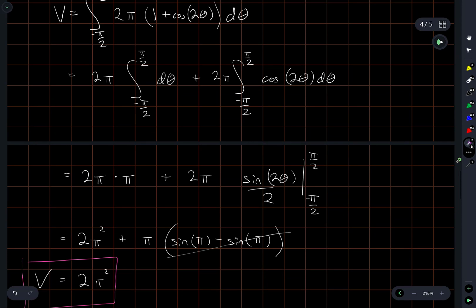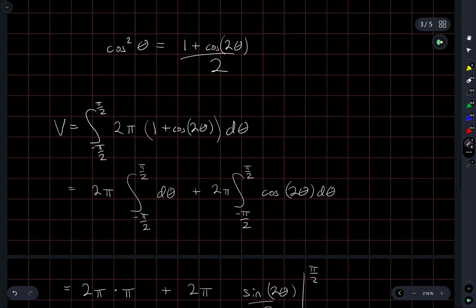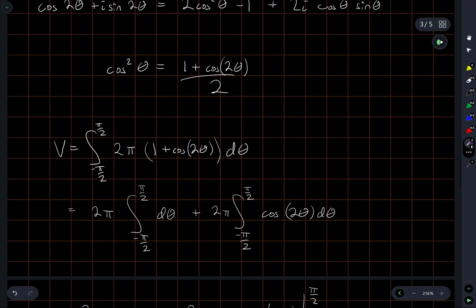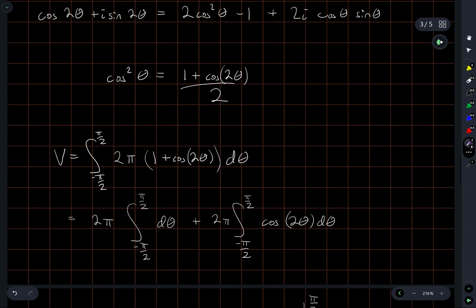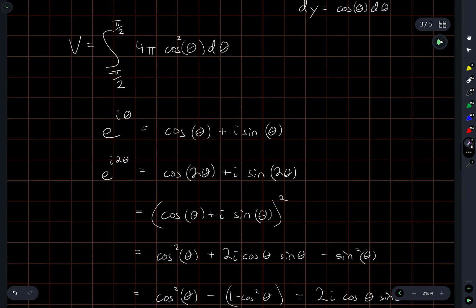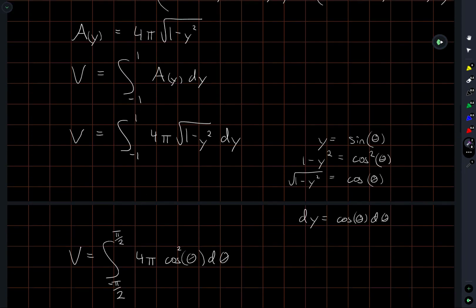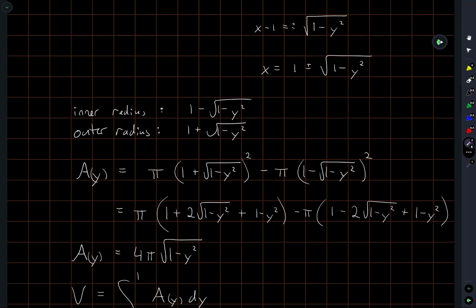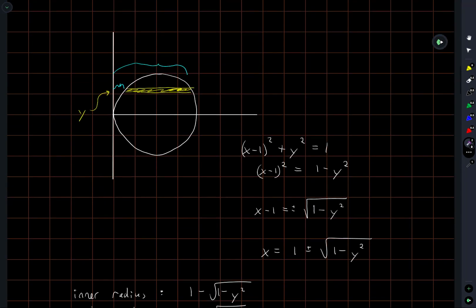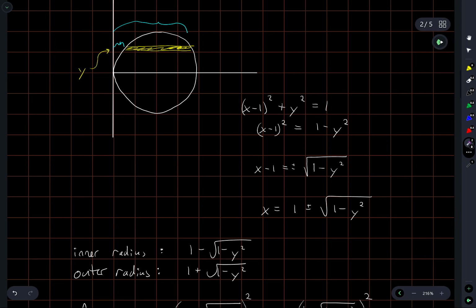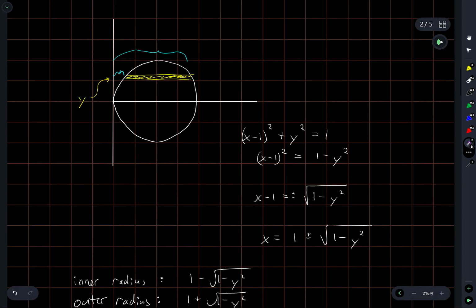I was perhaps a little bit surprised to see this second term not end up contributing anything, but I suppose that's just how it goes. Yeah, and I wonder how much different this problem would be if the circle didn't intersect the origin here, right?